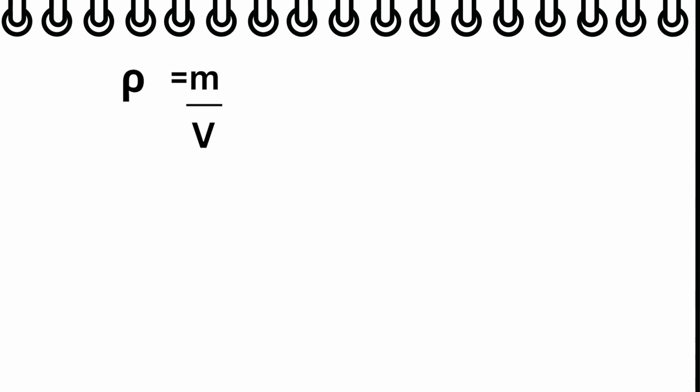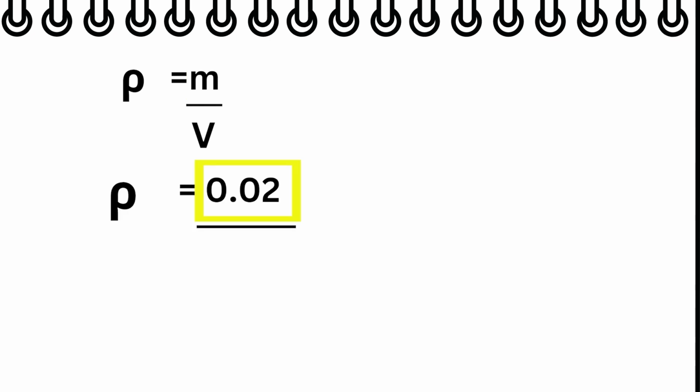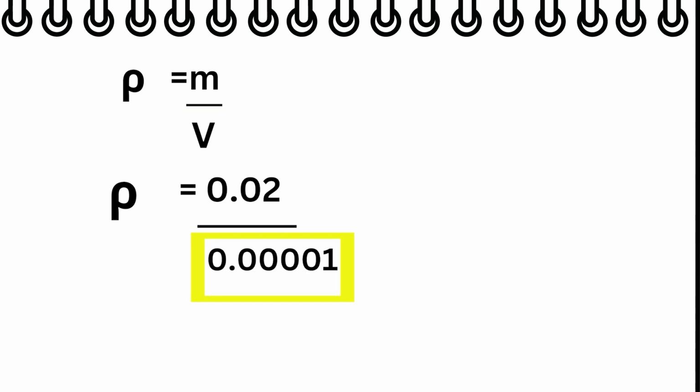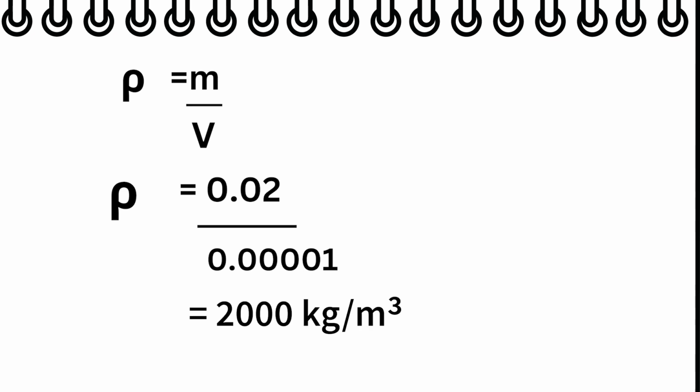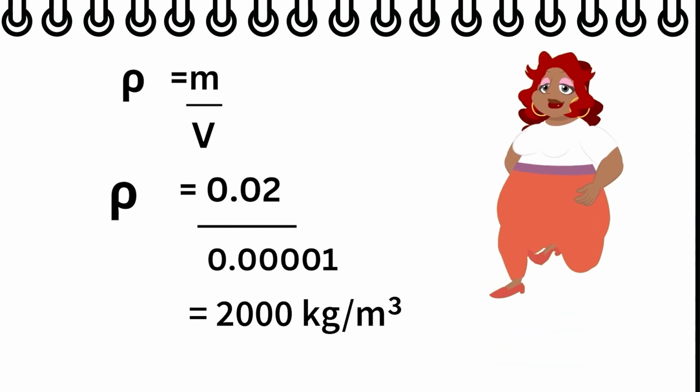So instead of writing M for mass, I'll replace our M for mass with its numerical value 0.02 kilograms. Next, I'll replace our V for volume with its numerical value 0.00001 meter cubed. This will give us an answer of 2,000 kilograms per meter cubed. Correct, Kelsey. Very good you.